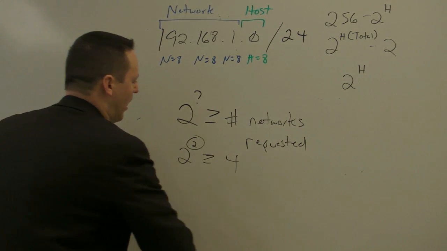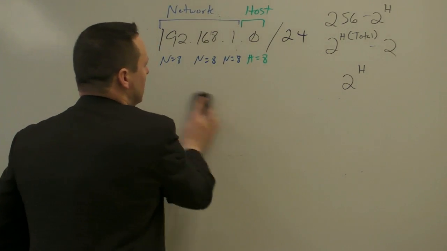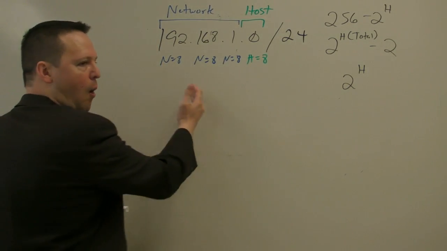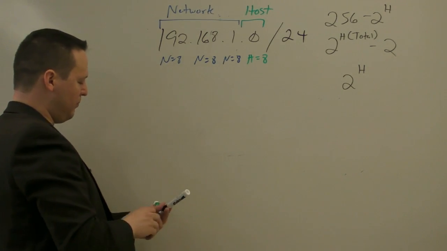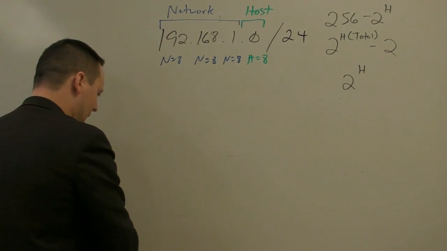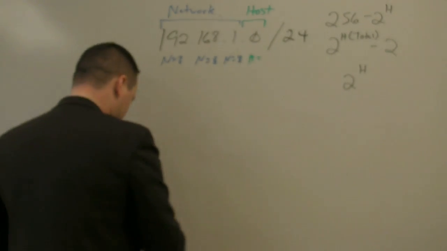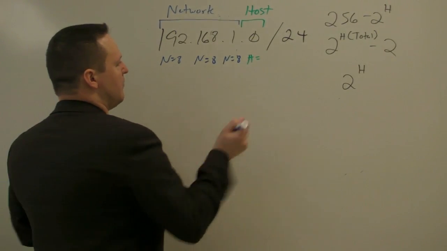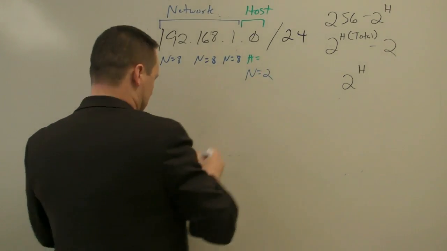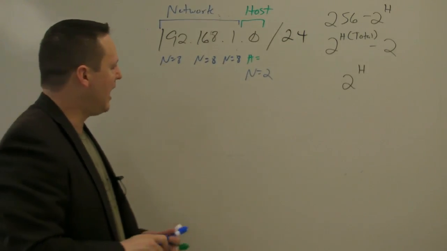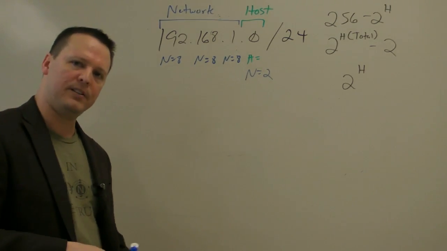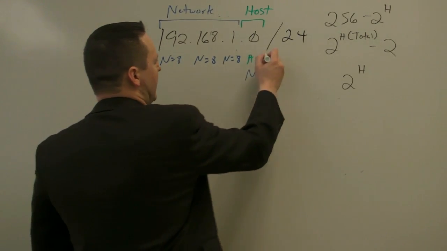So I go back up, and I'm going to borrow, always from left to right. I'm going to take 2 of these host bits away, and I'm going to make them network bits. That means that I no longer have 8 host bits. I took 2 away. I have 6.